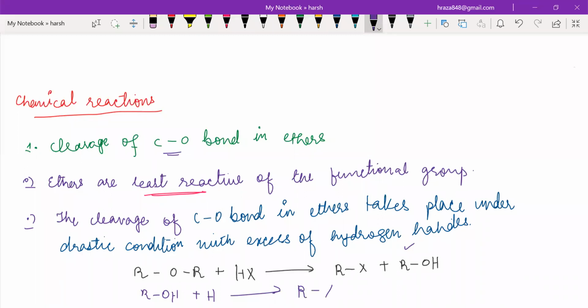So now it will form RX plus H2O. Are you getting my point? This HX is in excess, so it will react to form alkyl halide. Then again you react this alcohol with HX because HX is present in excess. So please write this.